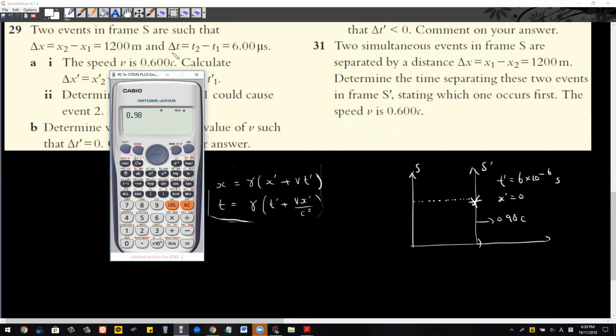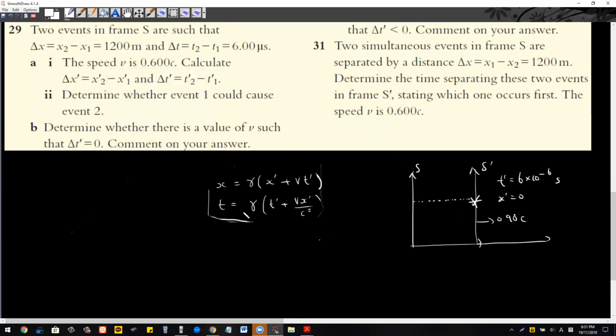0.98 times 3 times 10 to the power of 8. That's how fast it's going. And if we assume there's some time spent, this time will be different from the time here, of course. All of that is given by this formula here.